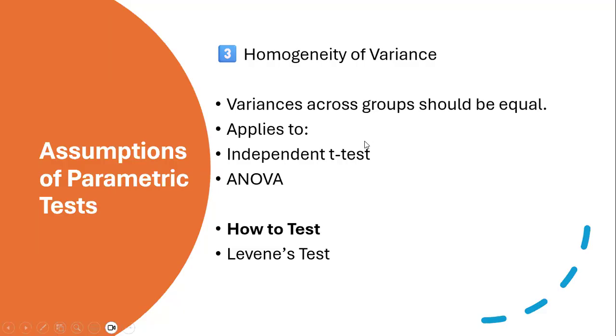And it is tested using Levene's test. Levene's test is also one of the outputs that will be generated when you are running independent t-tests and ANOVA. It comes with the results that you will generate.